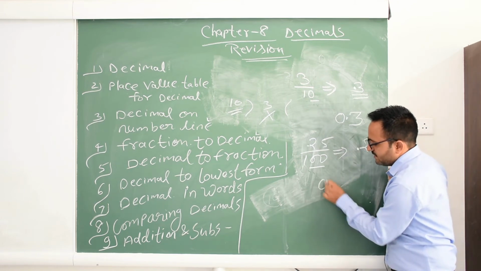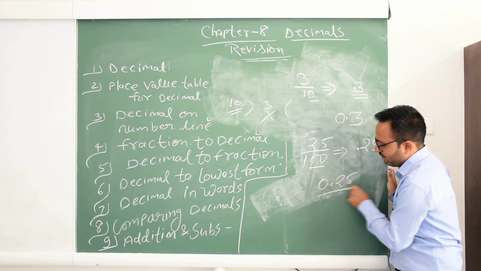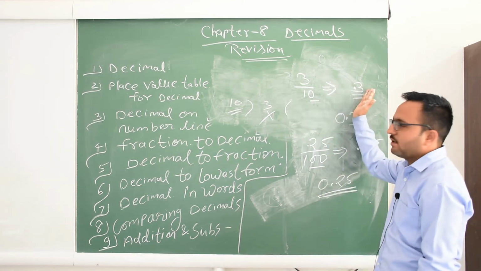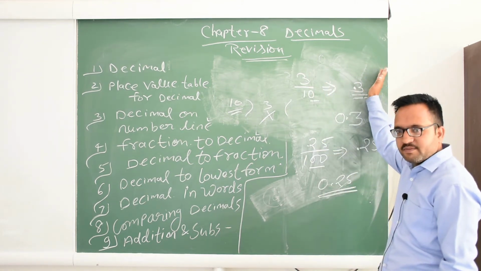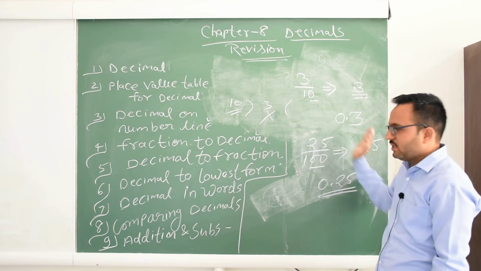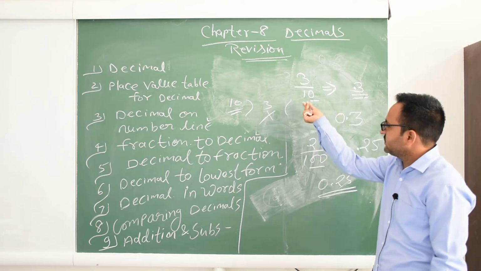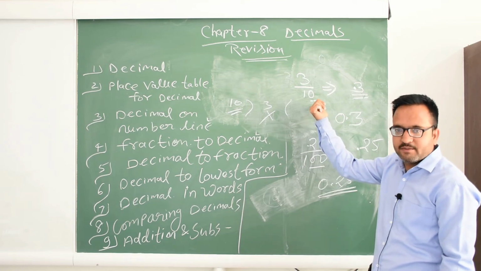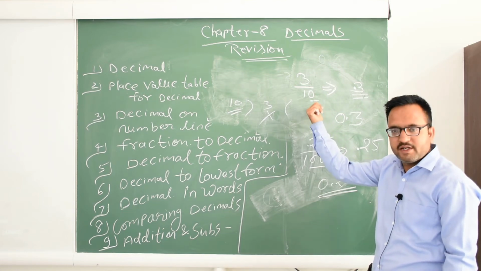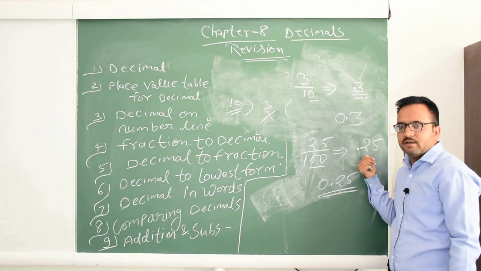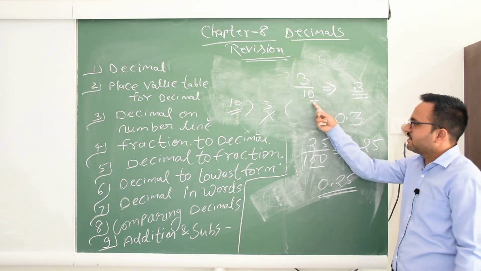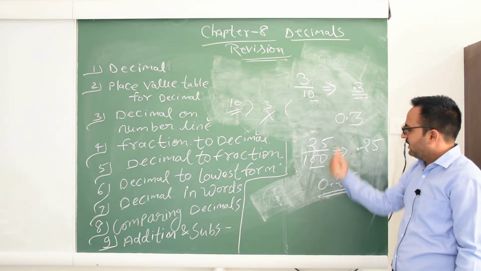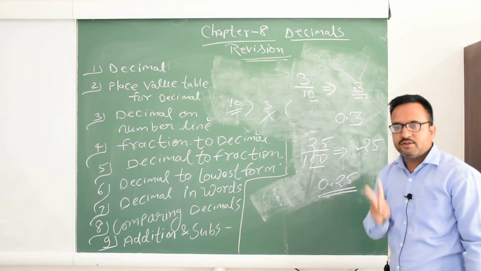So your answer will be 0.25. This is the conversion of fraction to decimal. We only see the zeros in the denominator and put the decimal after that many digits. Here 1 zero means after 1 digit, and here 2 zeros means after 2 digits.